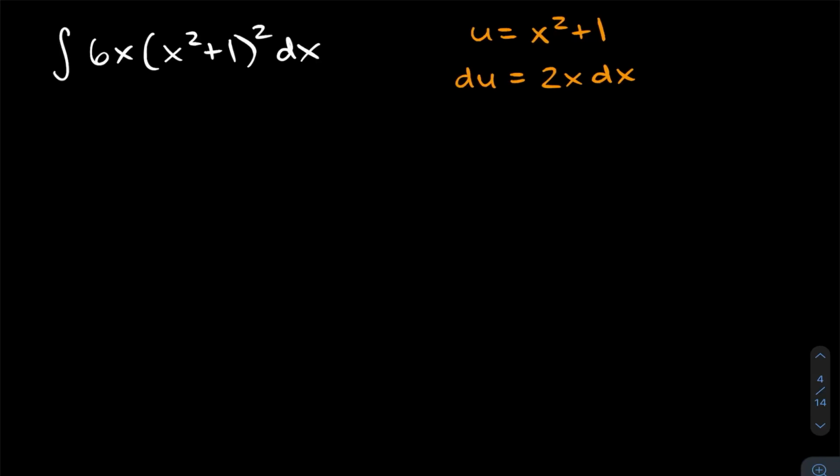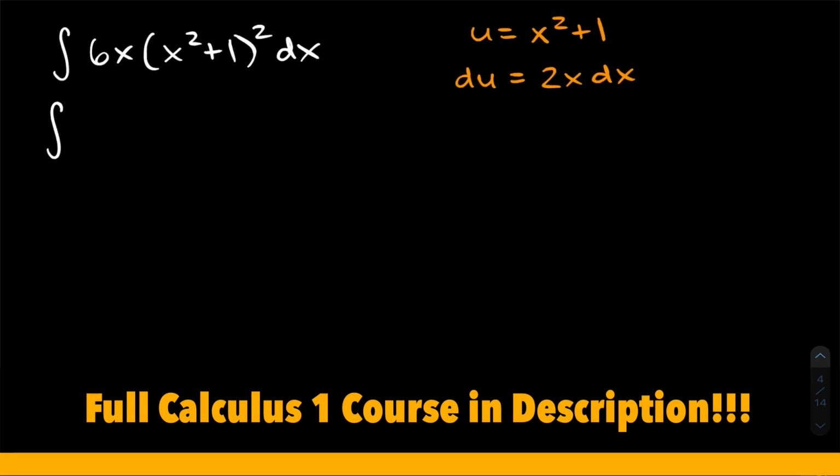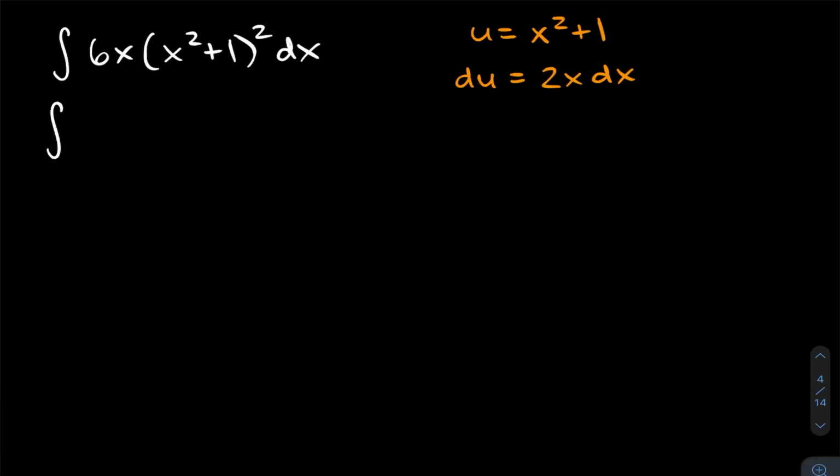So that's nice. We can plug this in here, but you've got to be careful because here I have a 6x dx, here I have a 2x dx. How I can actually end up replacing this is if I keep a 3 here, right? I could write this as 3 times 2x, and then that 2x is going to go here, but the 3 is going to stay.